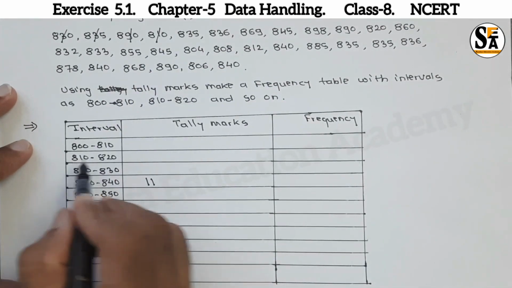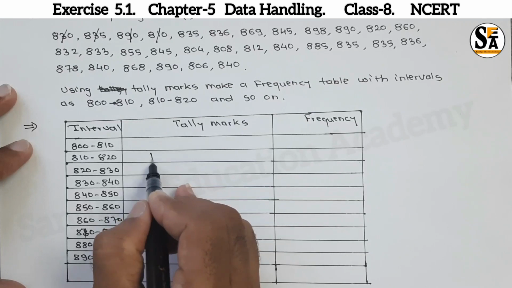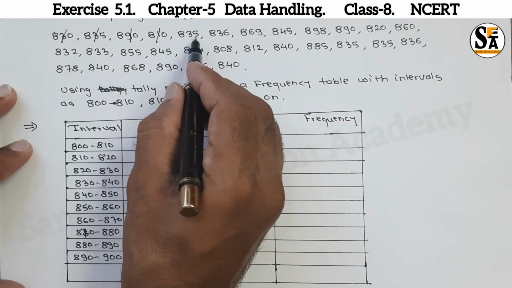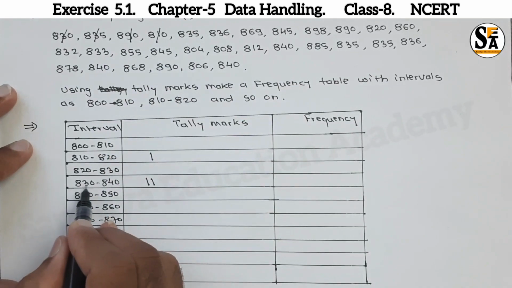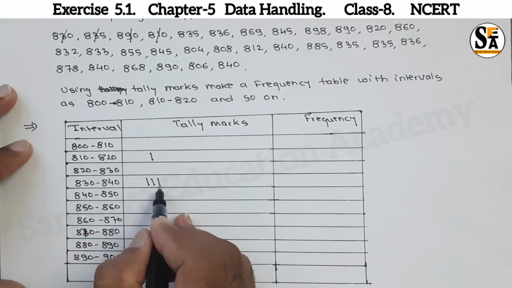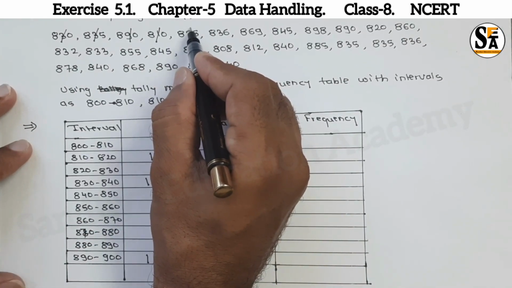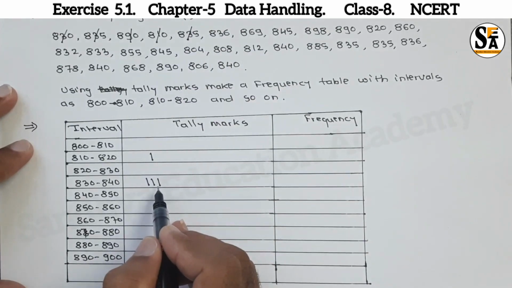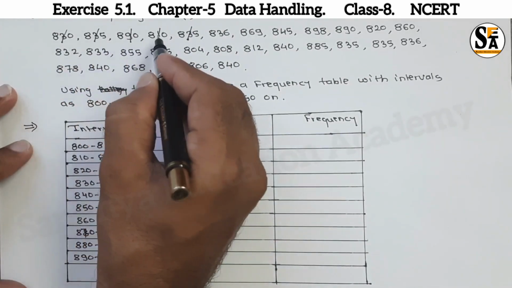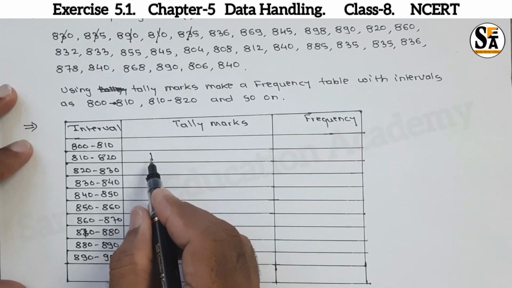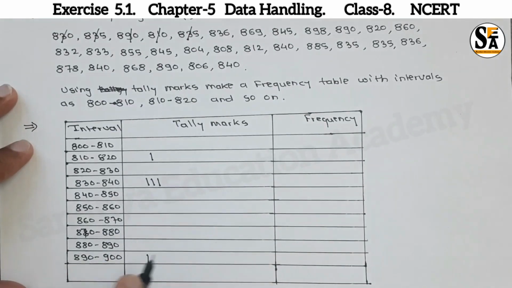810 here, similarly in the higher class. 830 to 840, it will go here. First strike, I had forgotten, but first strike here and then make the entry. Again tally: there are 1 2 3 4 5 strikes and there are 1 2 3 4 5 entries, so we are going right.